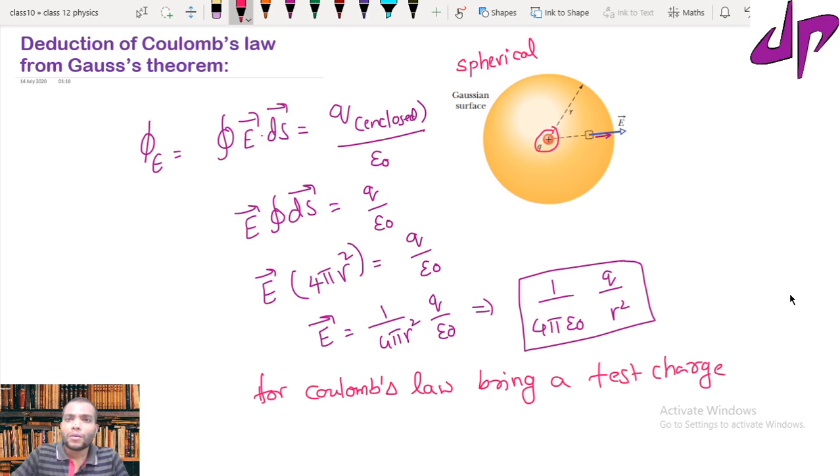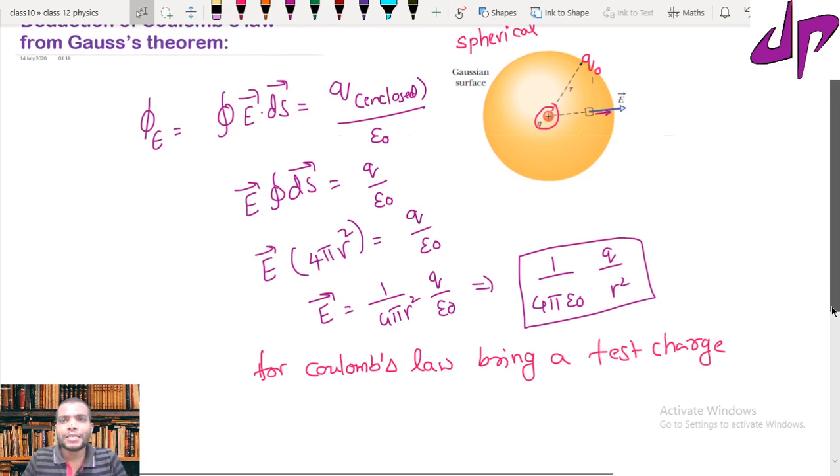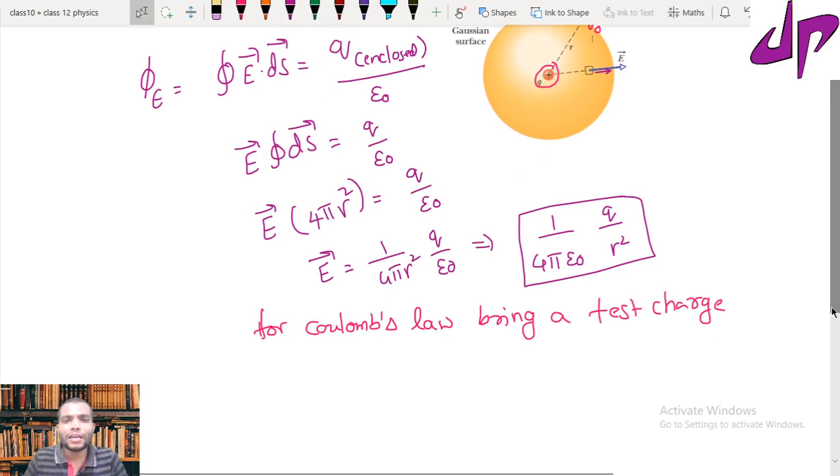Suppose you bring a positive test charge here. You know the electric field there, and you can write the expression for the force, since we know the relation between electric field and force and the distance between them.